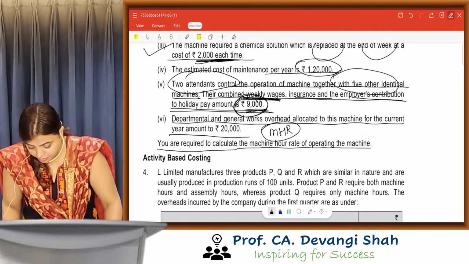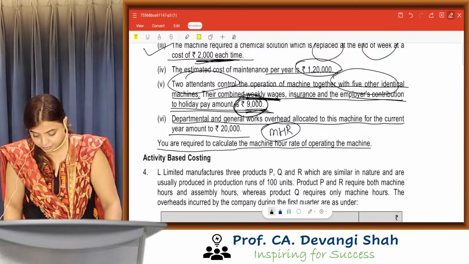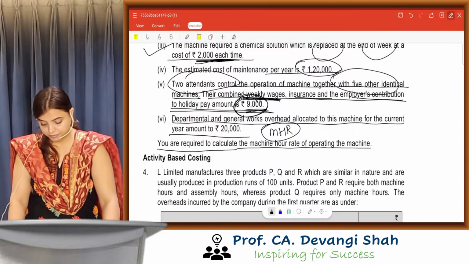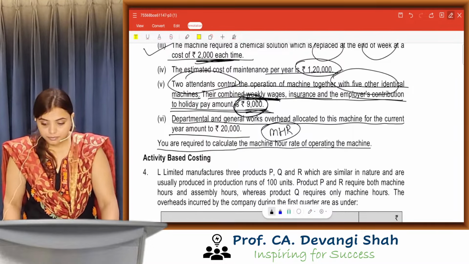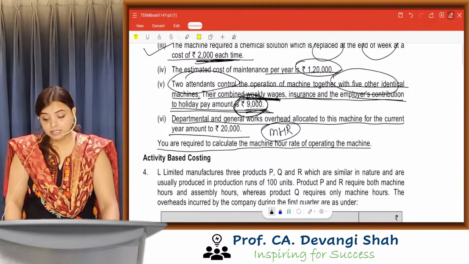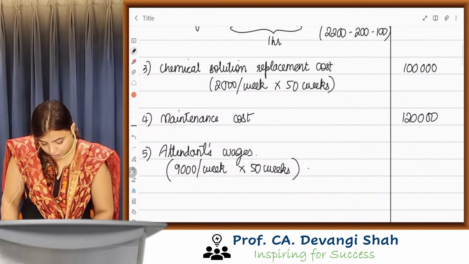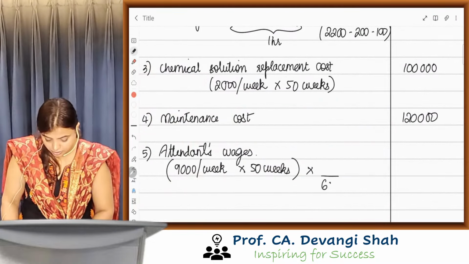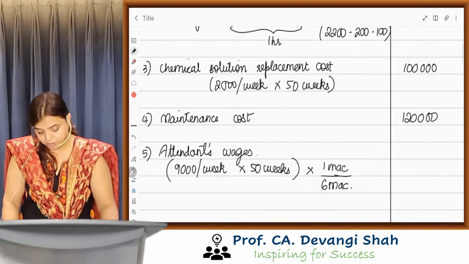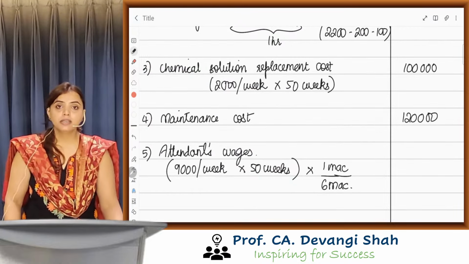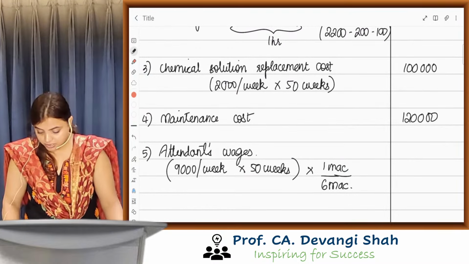So how many machines are there together? Yes, 6 machines. So this is for 6 machines and we want only 1 machine's salary. So it will be 6 machines, out of that we have to consider 1. So what is the answer?